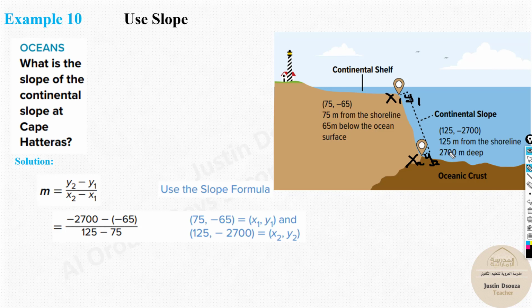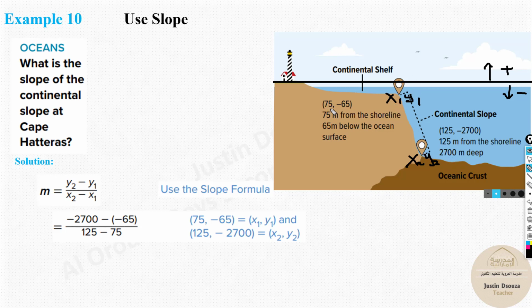See, the depth is 2,700 downwards. Okay, this is very important now. The ground level is over here. So whenever you take anything above this, it will be positive. Whereas if you go below the ocean, it will always be negative depth because 2,700 means it's downwards, okay?